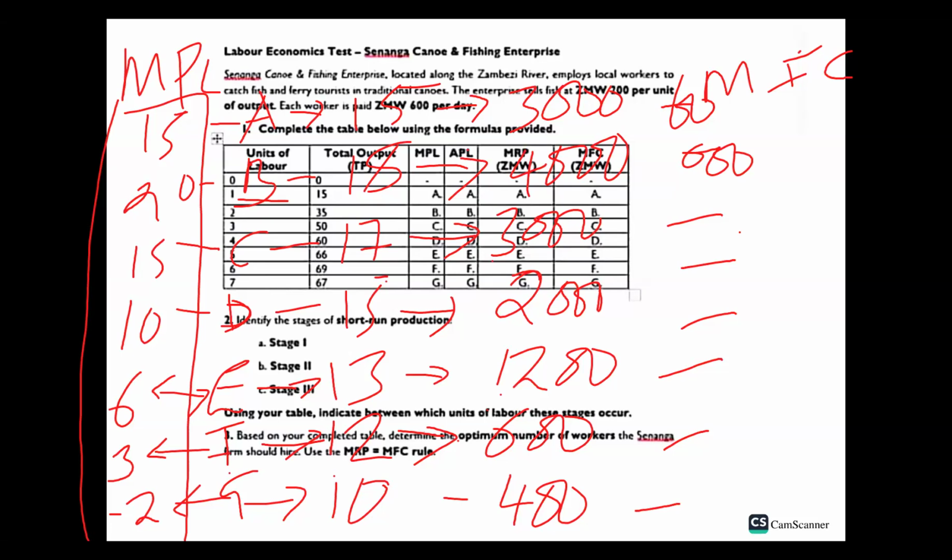Then the issue of the stages, where marginal product of labor is increasing up to the maximum. Identify the stages of the short run. Stage 1, when is the stage 1?